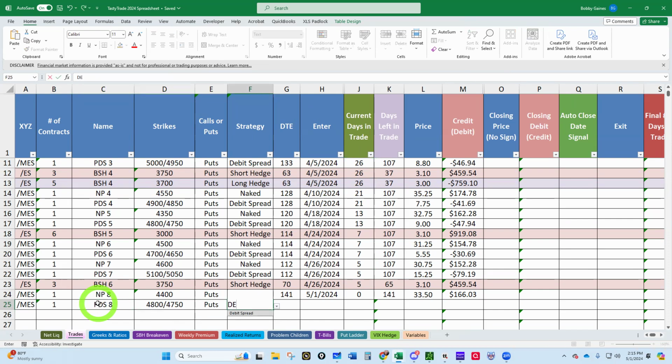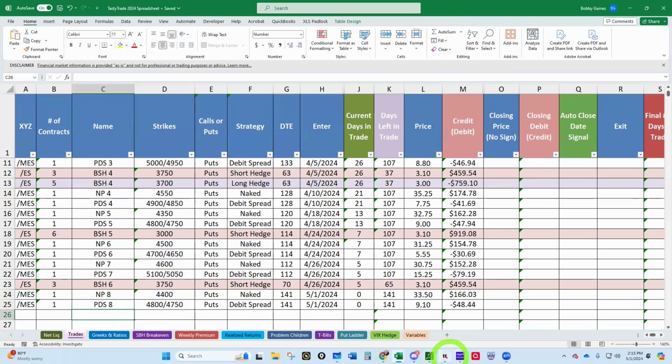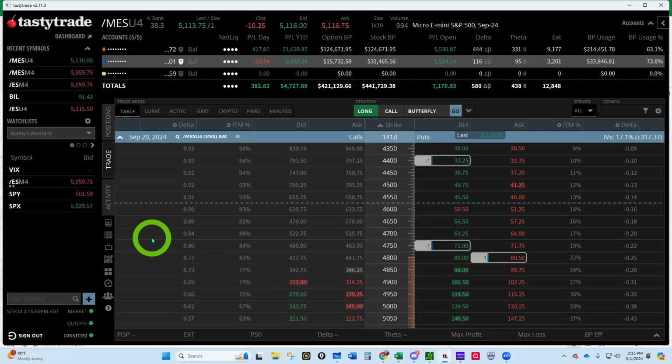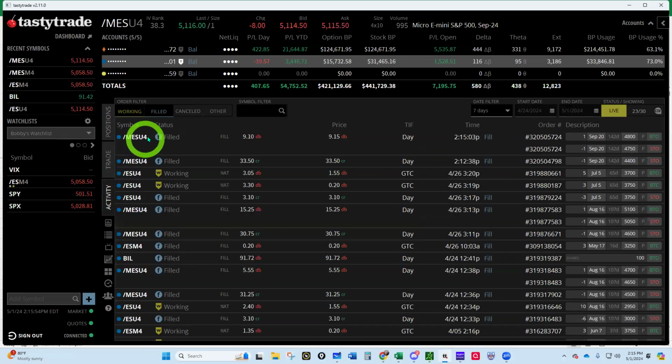Put debit spread, 141 or 142. We don't know which one for real. And we got in there for 9.10 or maybe 9.15. Let's see what the final price was. Yeah, we got filled at 9.10.